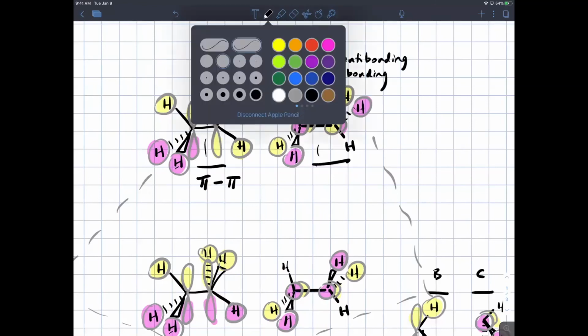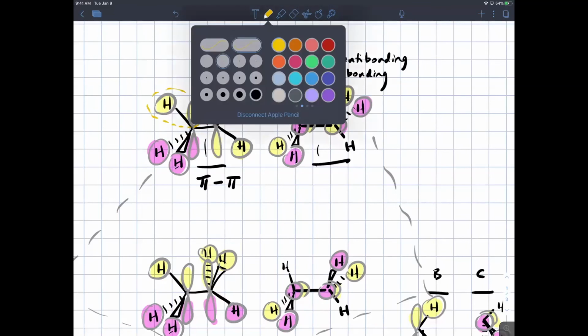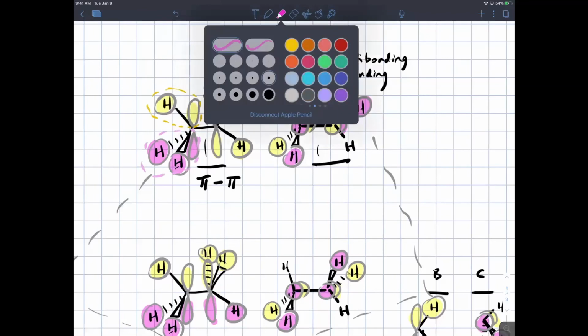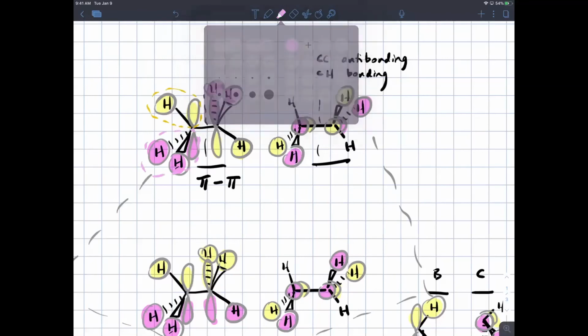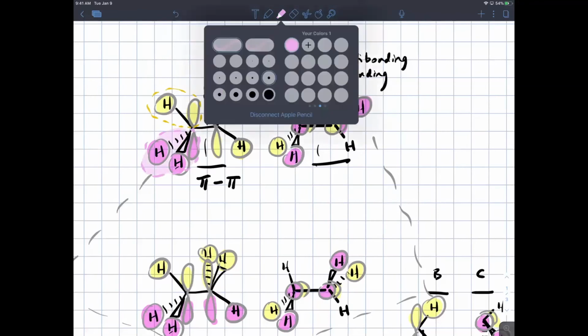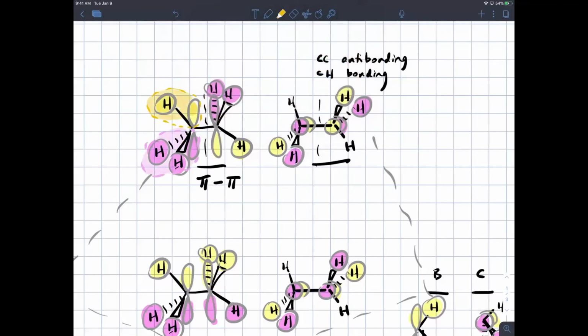And maybe I'll just illustrate that by showing you what you would see if you were looking at Spartan for these molecules. You would see an in-phase lobe of electron density between the carbon and the hydrogens on one side of the molecule and the carbon and the hydrogens on the other side of the molecule.